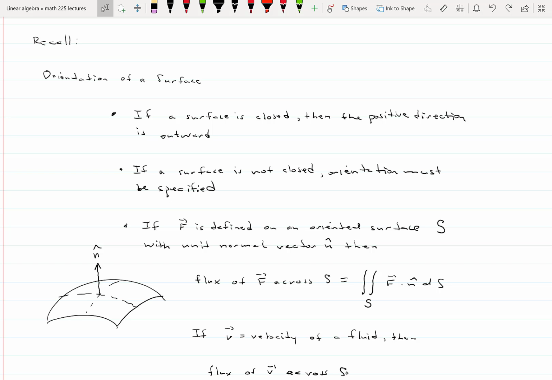To specify the orientation of a surface, we specify a unit normal vector for the surface. There was a whole part of the discussion that went along with that.